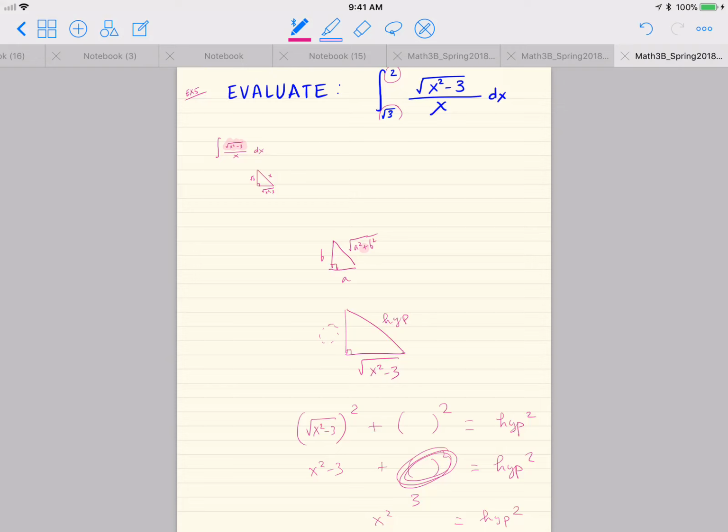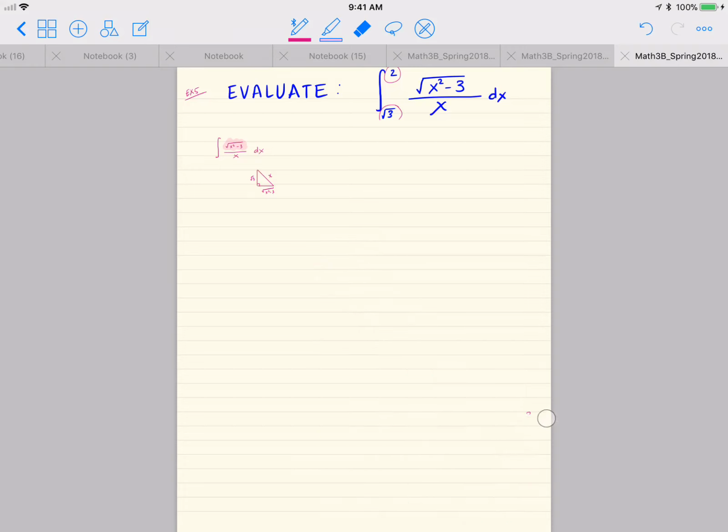So in order to have this squared equal to 3, I need to make the other leg square root of 3, and my hypotenuse will be x, right? So this thing squared plus that squared gives me x squared. Just practicing different quantities will make that process go faster for you.